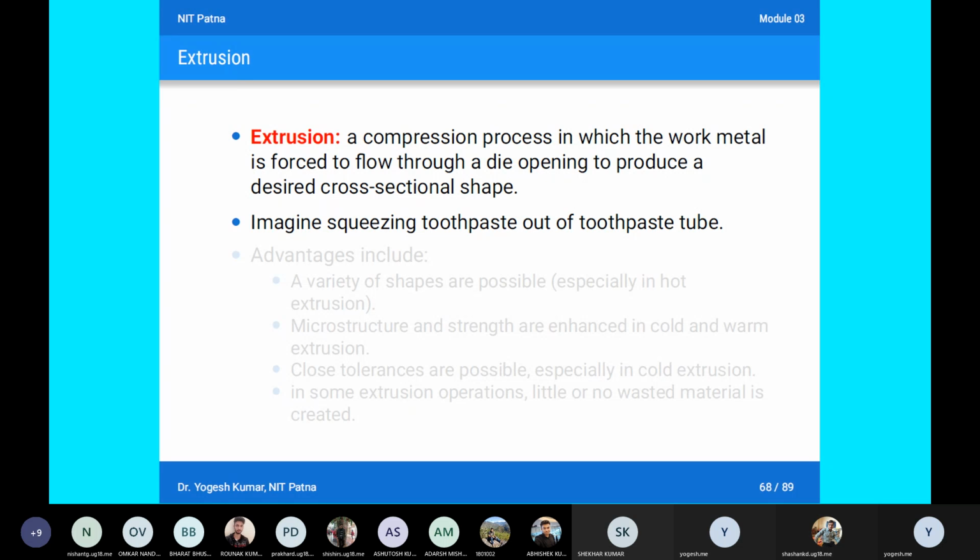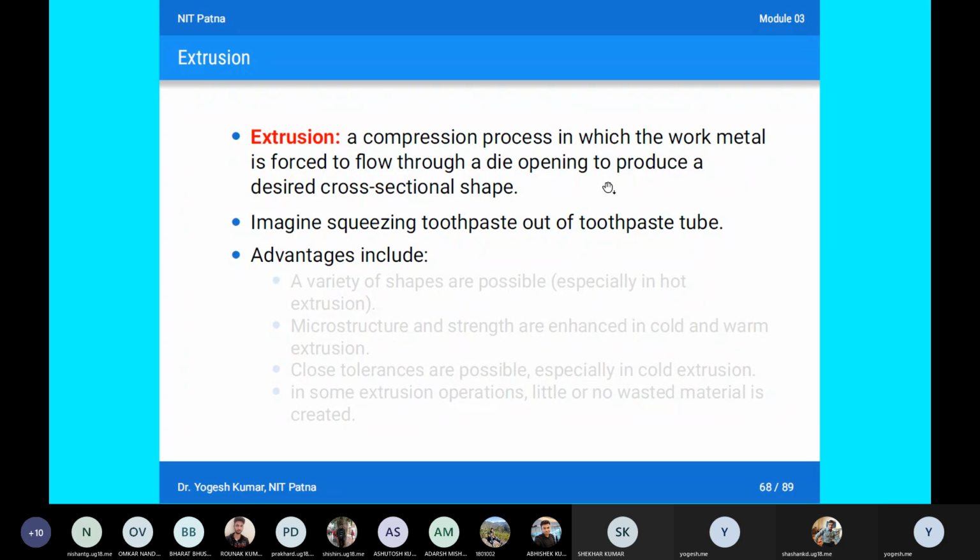We are applying a certain force on one side of the toothpaste container. As soon as we press this container, a certain force is applied on the paste, and it comes out of the neck. So you can compare the extrusion process to the squeezing of your toothpaste.